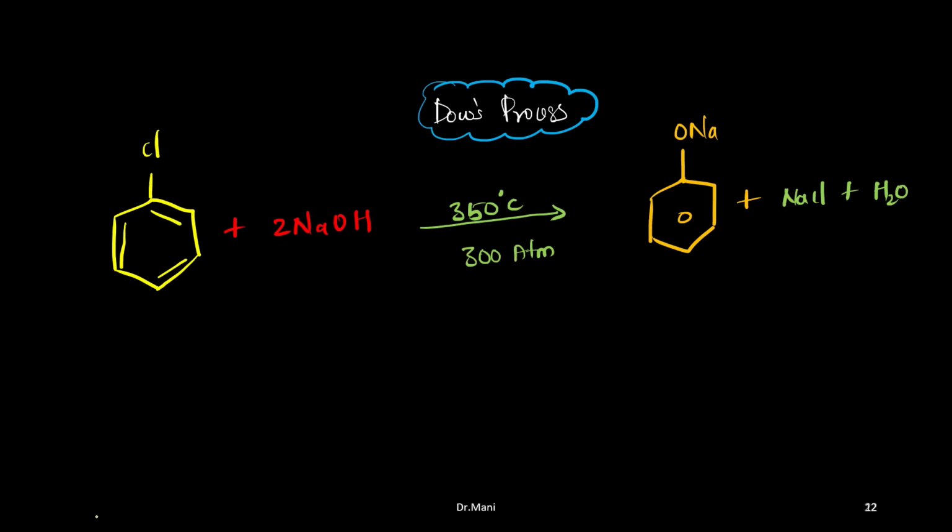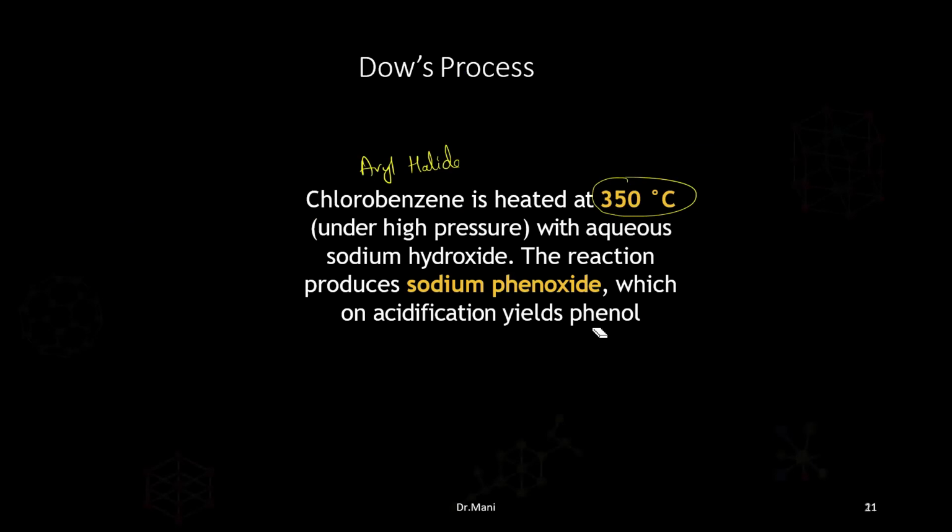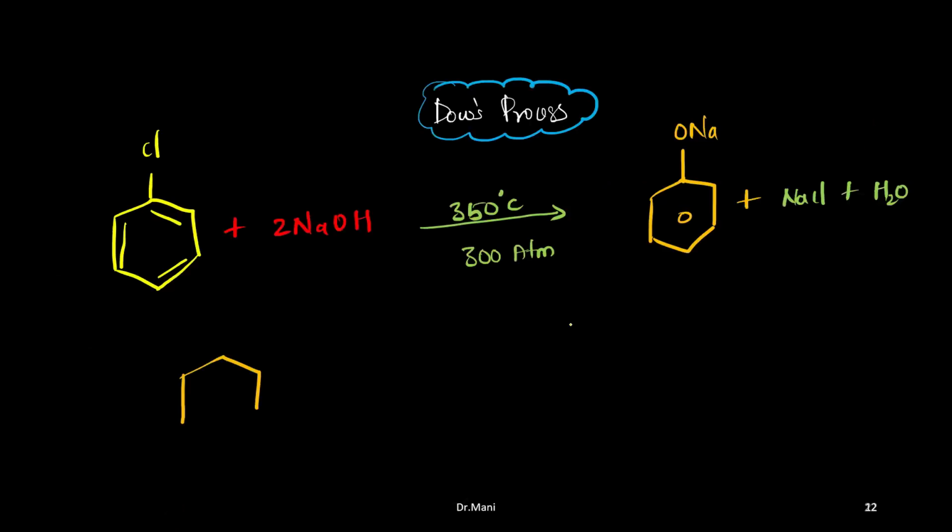And when you take this ONa further, I need to do the acidification, which will yield the phenol. This benzene with ONa we call sodium phenoxide.